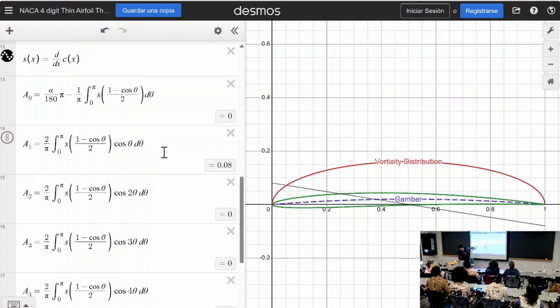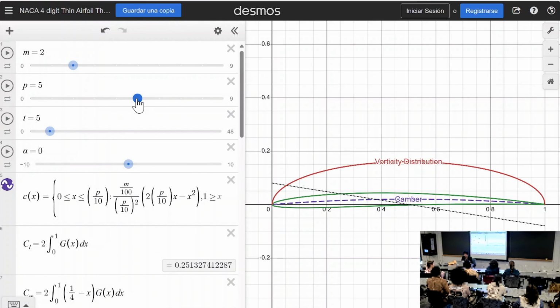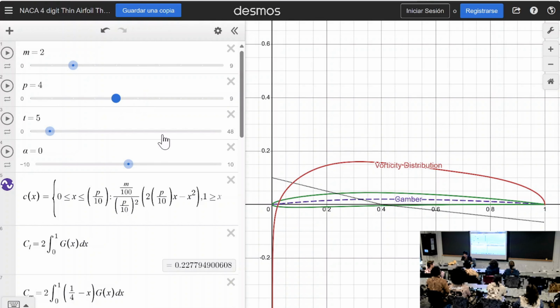That's the A1 term, and you should expect your vorticity distribution to be symmetric, and the center of lift is right at the half chord. So that's a special case for the NACA airfoil theories, and P equal to 4 is actually the most commonly used airfoil, and you have these 2 straight segments.